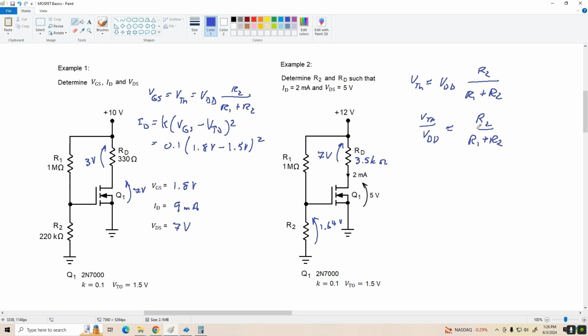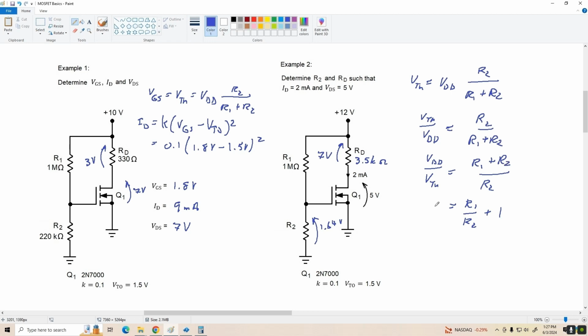I'm going to invert both sides to make this easier to work with. You'll see why in a second. So VDD over VTH equals R1 plus R2 over R2. And now I can split this into two fractions because I've got a common denominator. That's equal to R1 over R2 plus R2 over R2.